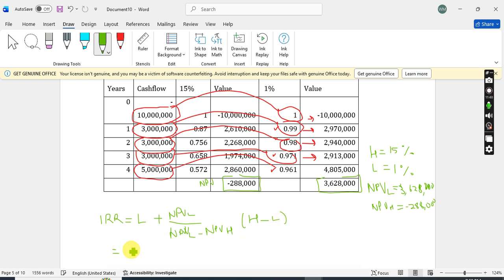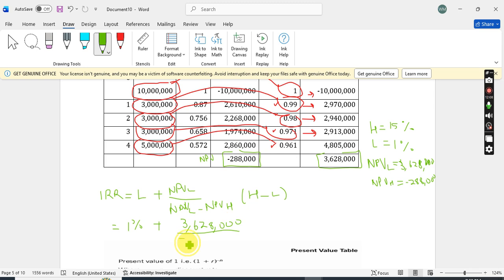So L is 1%, so you're going to say 1% plus a present value with the lower discount rate, so you say 3,628,000 over 3,628,000 minus the NPV with the higher discount rate, negative 288,000.